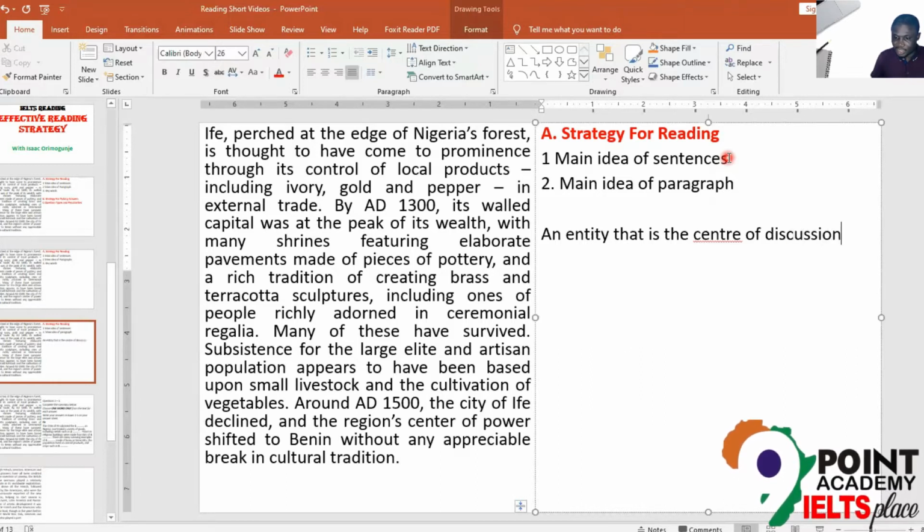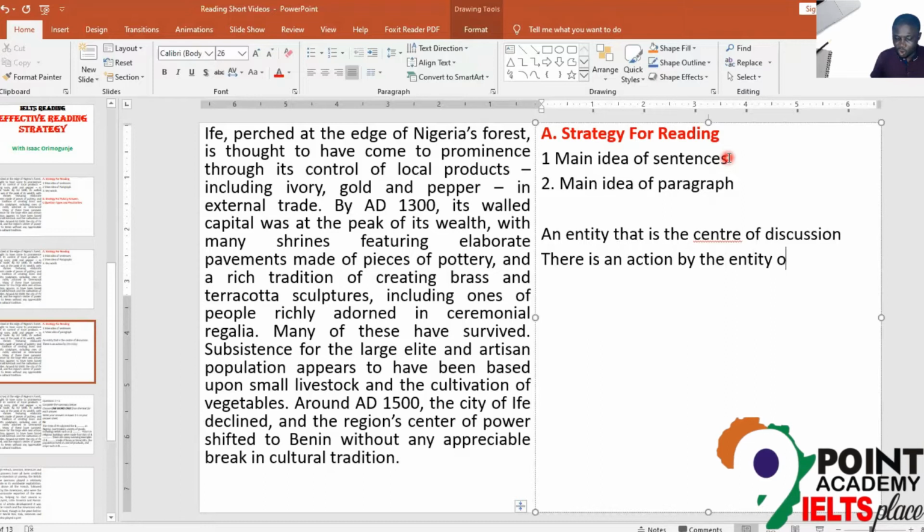There is an entity that is the center of discussion, and there is an action by the entity or towards that entity. So you need to first of all pick that entity, whatever paragraph you get to.